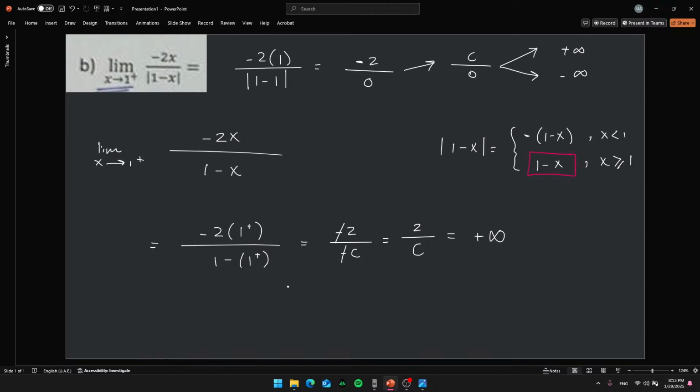What? Whoa. Just negative. x is larger than 1, and we had to use this, 1 minus x over minus x. 1 minus 1 from the right. Wait.